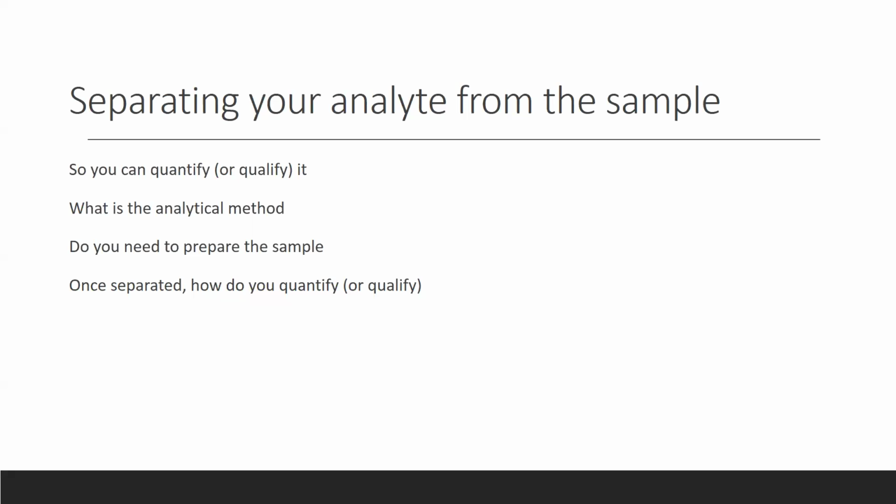What is the method required to identify the particular analyte? What do I need to do to prepare the sample to place it on the method? This starts at the pre-analytical factors, such as using the correct tube type, deciding whether you need to centrifuge the sample, handling it correctly, but it also extends into the preparation steps that may be part of the method. And once separated on the method, how do you actually quantify the analyte? How do you produce a signal that can offer a meaningful result and be compared to other results?